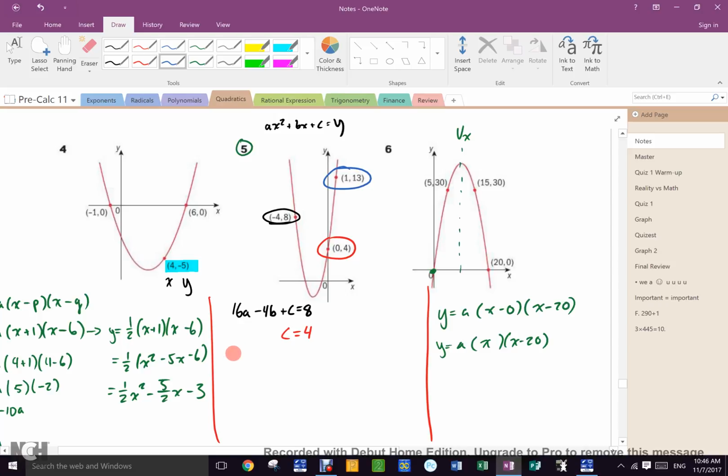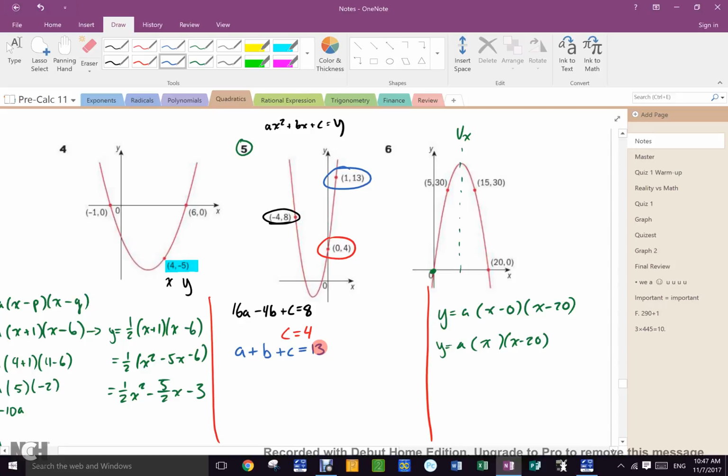What's 1 squared? 1. So a plus, what's x? It's 1. So what is it? Plus b plus c equals what? 13.